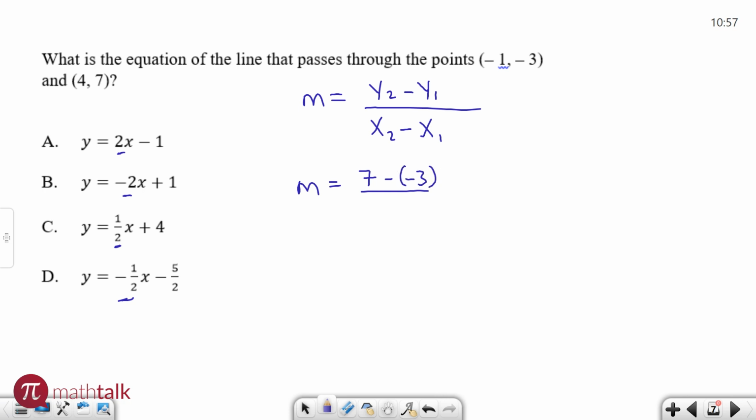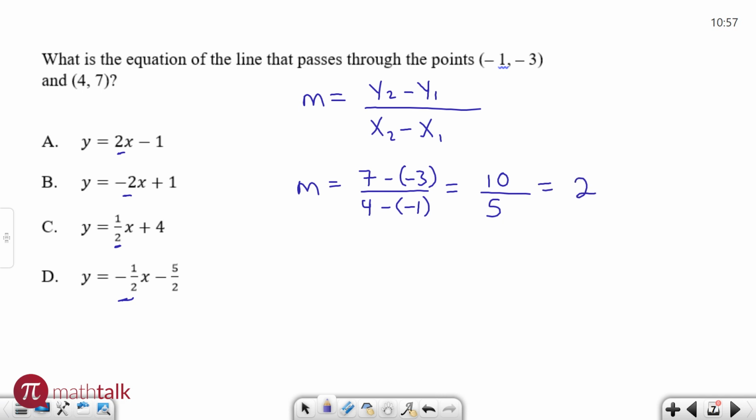And then the second x value is going to be 4. And the first x value is -1. Okay? So 7 minus -3 is like 7 plus 3, which is 10. 4 minus -1 is 5. And 10 over 5 will simplify because 10 divided by 5 is 2.